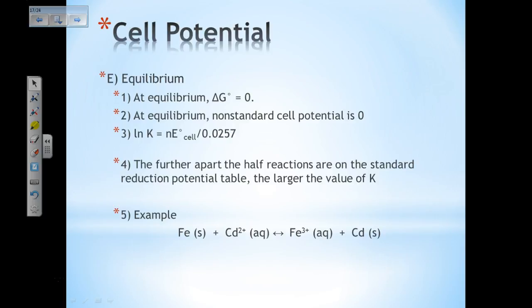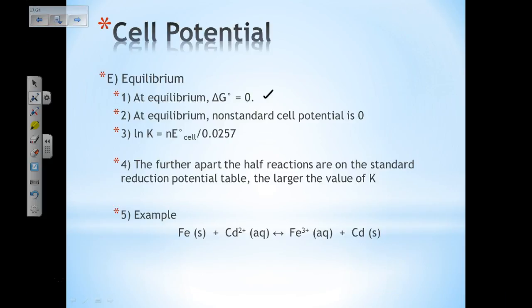So at equilibrium, remember that delta G equals 0. The point is that the reaction is neither spontaneous forward nor spontaneous in the other direction. The net change in the reaction is nothing, and so that means that delta G is 0.